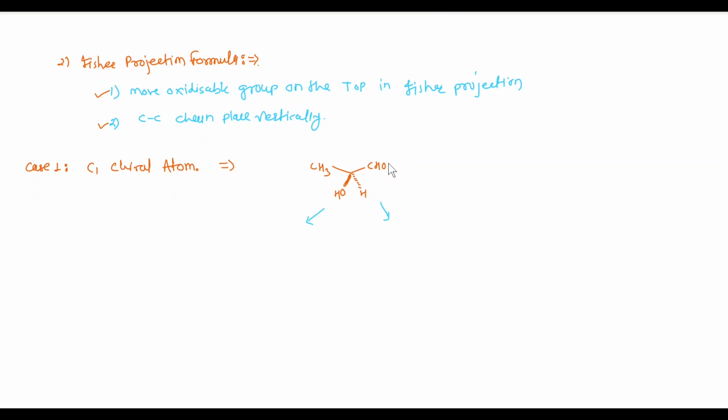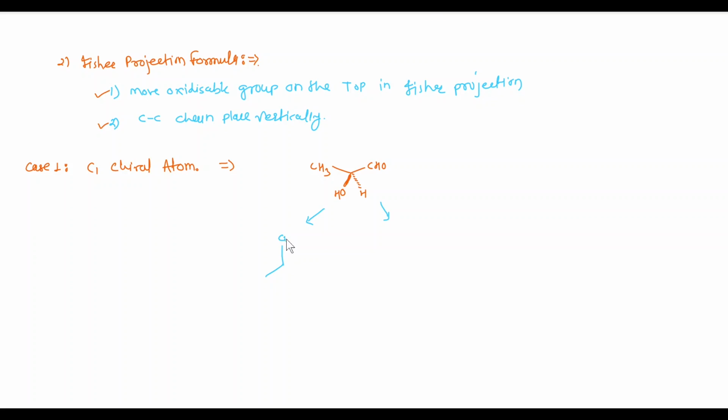Rotate this molecule on the plane clockwise or anti-clockwise in such a way that we get the more oxidizable group, or easily oxidizable group, on the top side. The CHO is a more easily oxidizable group, and that's why we have to write this on the top side. And the actual orientation is like this.